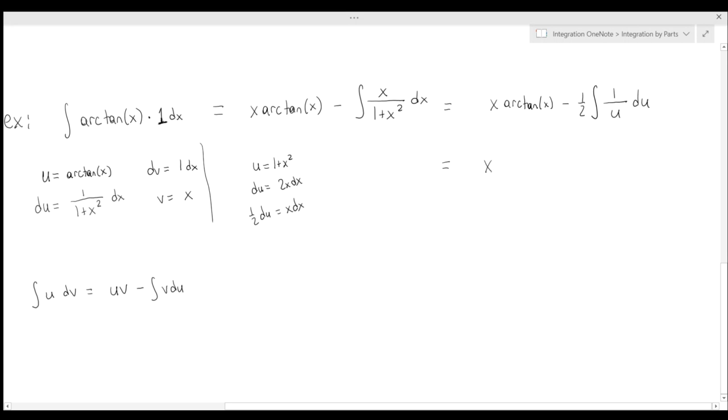All right, so let's finish this up. So the integral of 1 over u du will be natural log of absolute value of u. And then we'll replace u with 1 plus x squared.